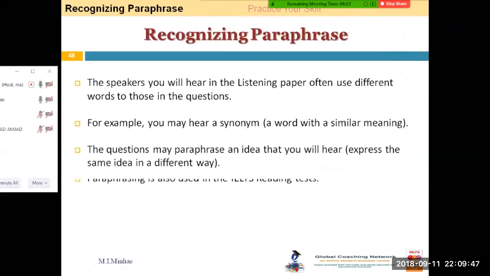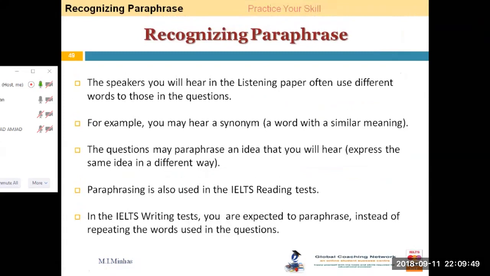Now, recognizing paraphrase. Paraphrase means, you already know that, saying something in different words. So sometimes you may hear a synonym of some word, or sometimes that idea may be described in a totally different way.